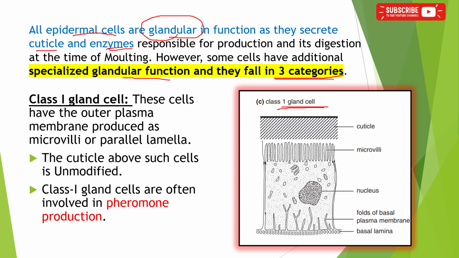Here the apical plasma membrane forms microvilli or parallel lamina, and the cuticle above these gland cells is unmodified. These class 1 gland cells are mainly involved in pheromone production.